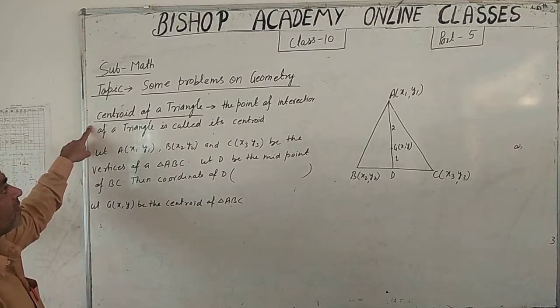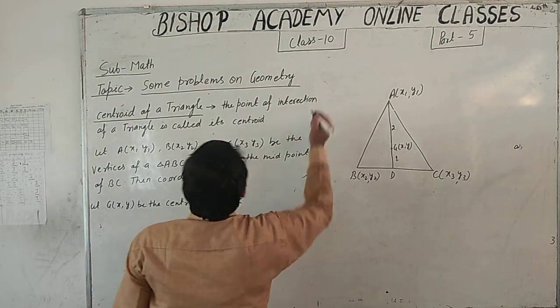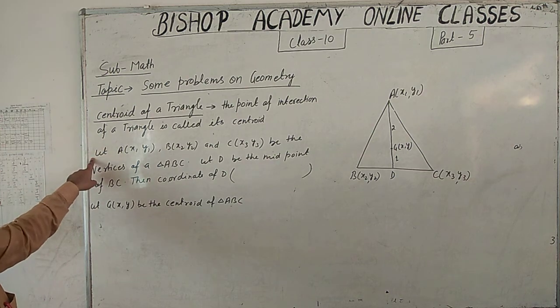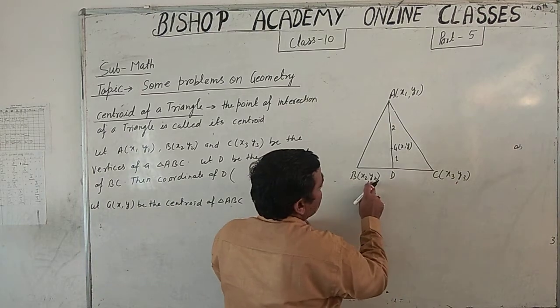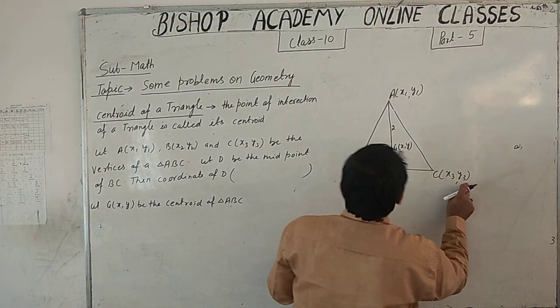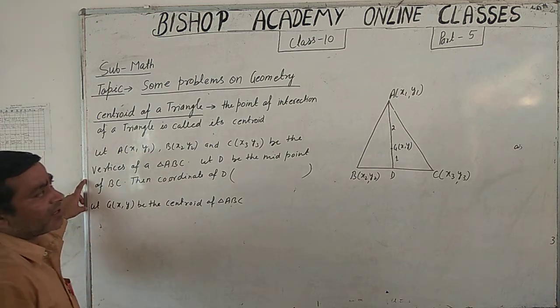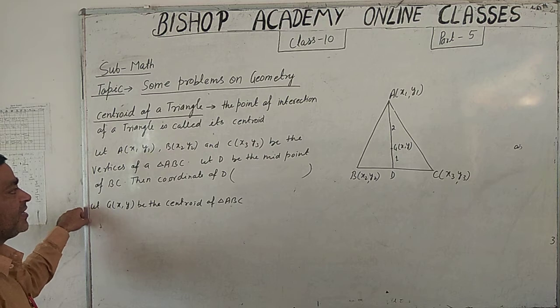Centroid of a triangle. The point of intersection of the medians of a triangle is called its centroid. Let the coordinates A (x1, y1), B (x2, y2) and C (x3, y3) be the vertices of triangle ABC. Let D be the midpoint of BC.